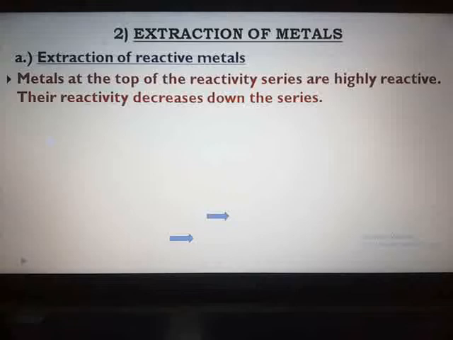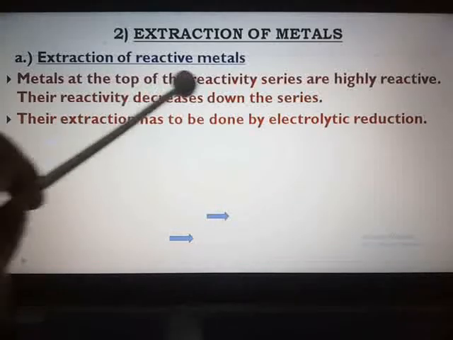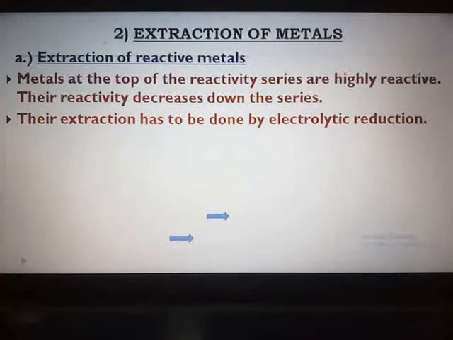You have studied sodium and the formation of sodium chloride last year. These reactive metals react vigorously with dilute acids to liberate hydrogen gas, and highly reactive metals burn by reacting with oxygen from the air at room temperature, and hence their extraction has to be done by electrolytic reduction.